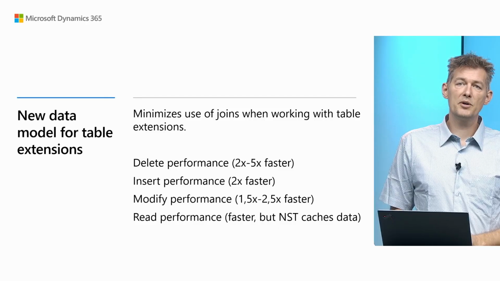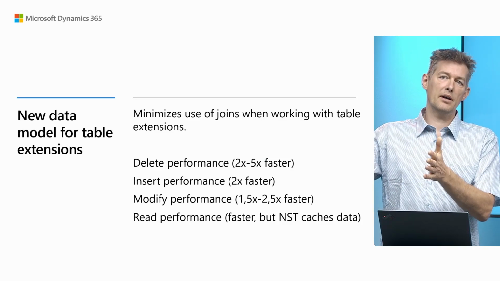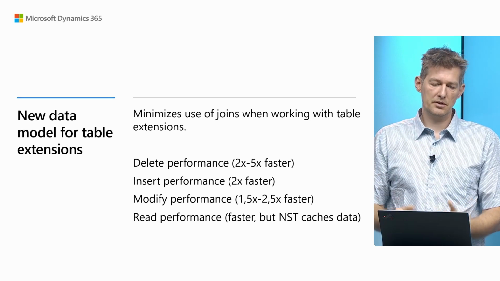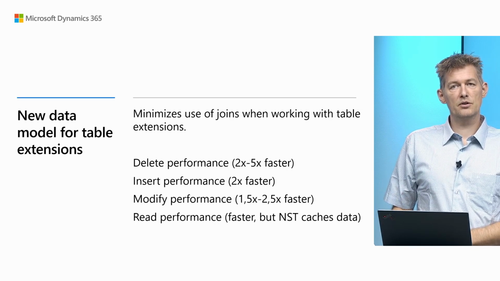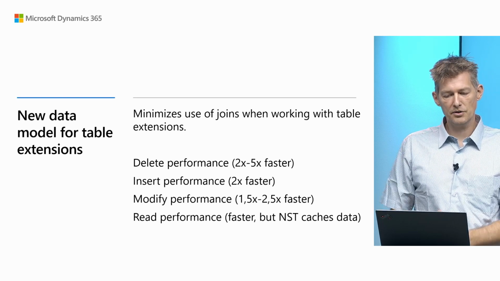Exactly. So we changed the data model for table extensions, and now we simply have the base table, and we have one companion table that stores the fields for all table extensions. And this minimizes the use of joins, because you will at most have 1 join instead of n joins.